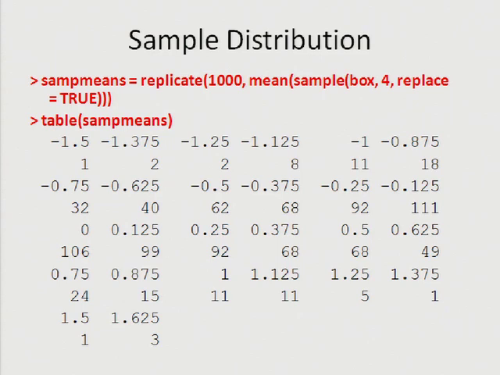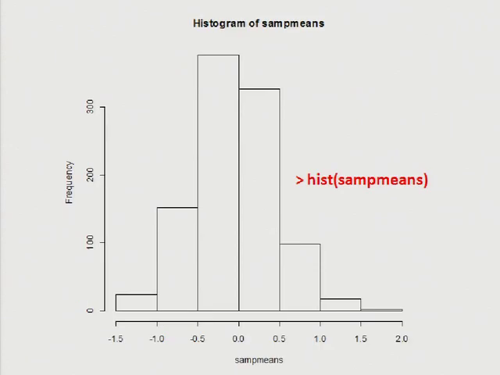What I could do at this point is make a histogram. Using this next command, hist for a histogram, which you've seen before, of sample means, I could plot the distribution. If I were to run this again, I would get a slightly different distribution. But on average, I could see that between 0 and 0.5, roughly right here, is where we have our mode.